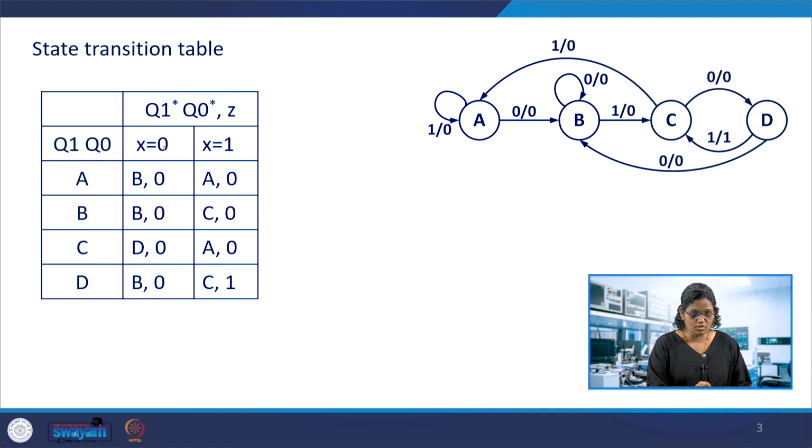Here x equals 0, so the input is 0. If we are in present state A with x equal to 0, go to state B, as given here, and the output is 0. We have still not achieved the pattern, so the output is 0.